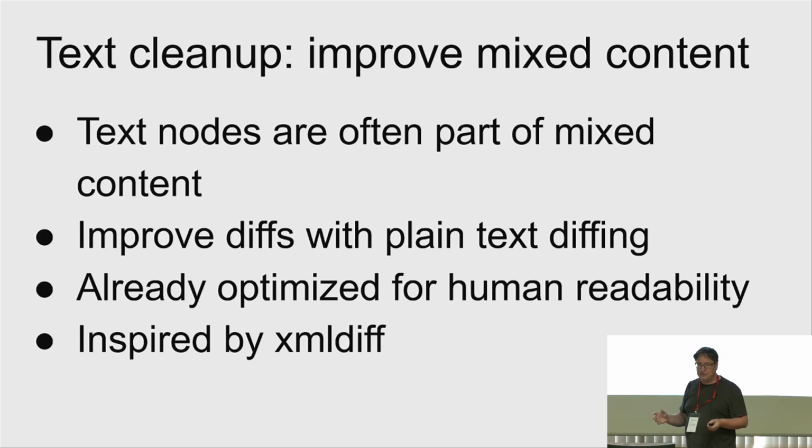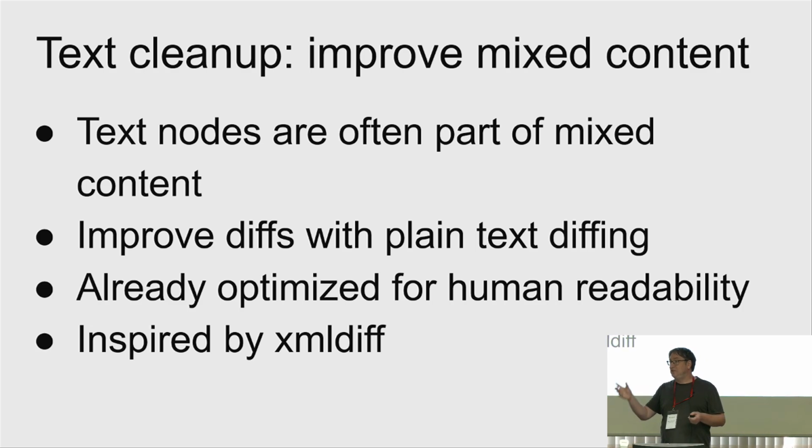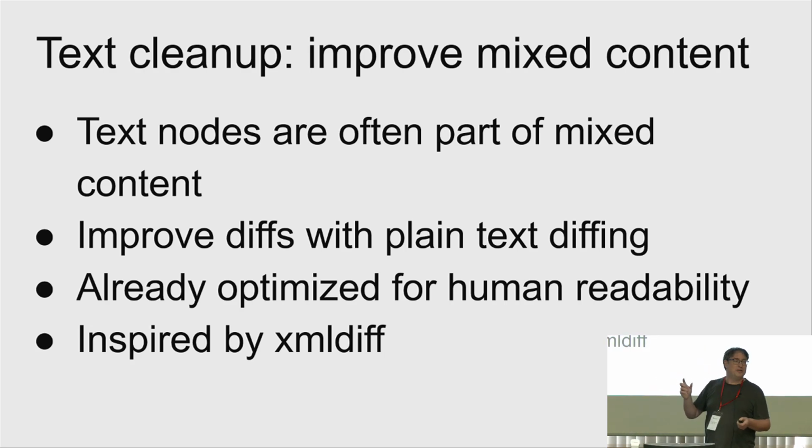And then we're left with mixed content. The special thing that XML can do, basically, right? Especially document-style XML has a lot of mixed content. And you would sometimes have a situation where a text node was identified as an update of another text node, but then there was a bold element or something like that, and then there was another text node, and really that should be part of the same diff.